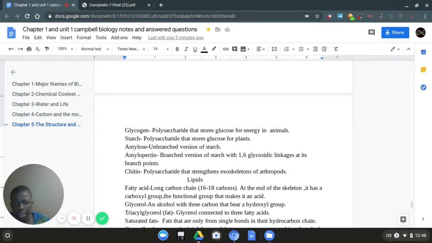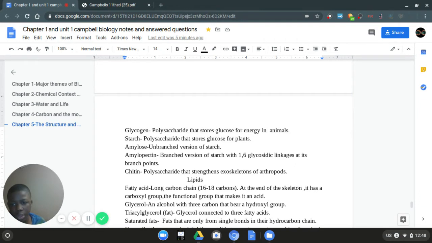Okay, don't really worry about those storage polysaccharides for now. Honestly, throughout chemical biology, you'll see their usefulness in more intricate terms than this. Now, a fatty acid is basically just a long carbon chain, about 16 to 18 carbons. At the end of the skeleton, it has a carboxyl group.